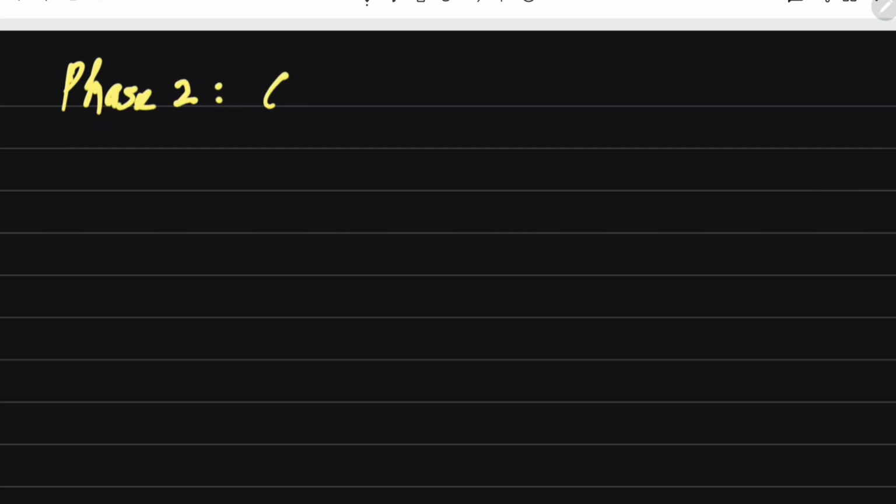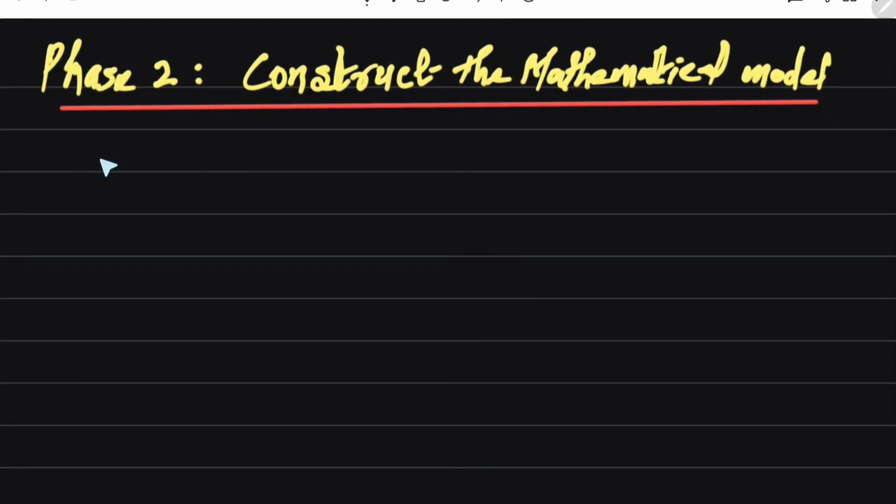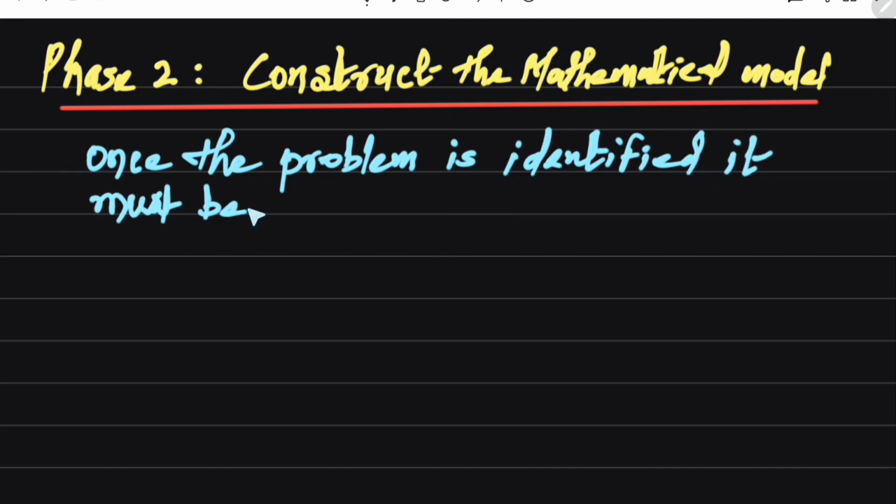Phase 2, construct the mathematical model. This is the second phase. Once the problem is identified, it must be translated to a mathematical model. To construct a mathematical model representing the system under study, it should include the following points.